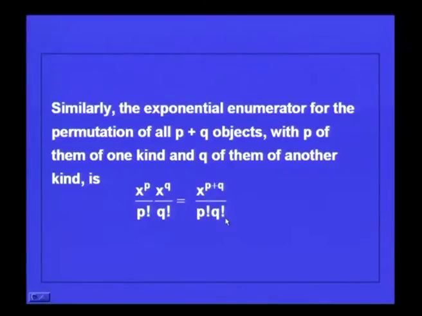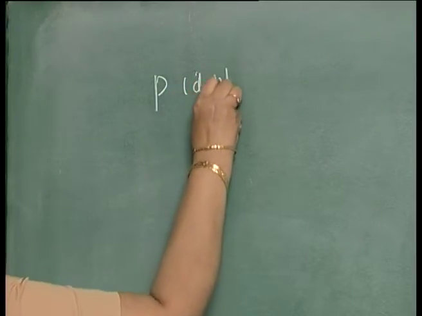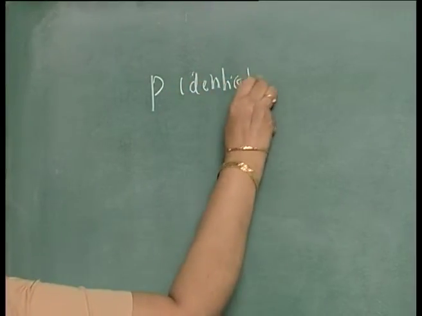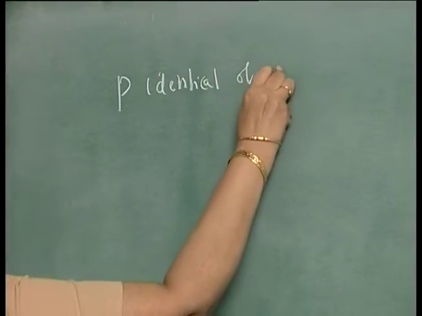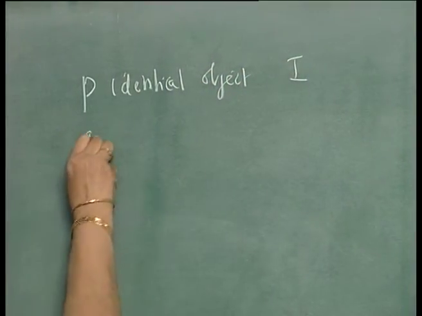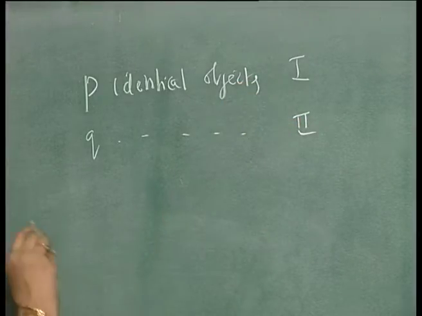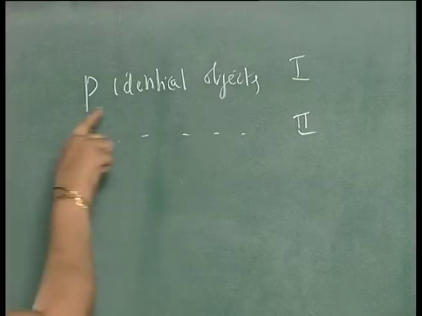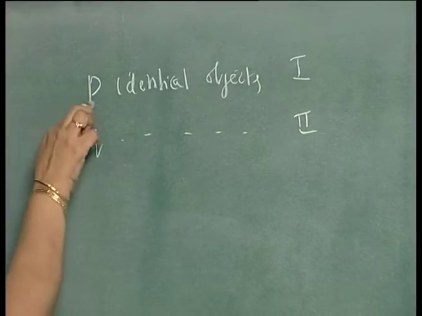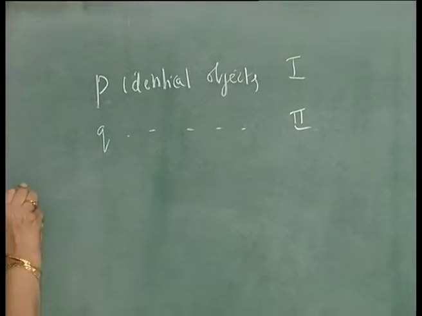See, by the rule of product, if you have p identical objects of one kind, this is the first kind, and q identical objects of the second kind, then the number of ways of arranging these objects is as follows.